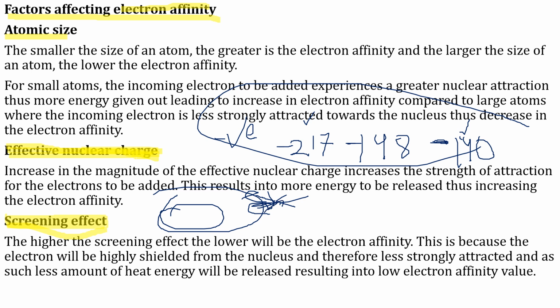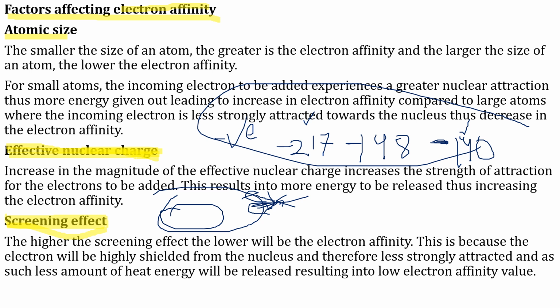And once it's less, the incoming electron is less attracted by the nucleus, and significantly low amounts of energy are going to be released. And since low amounts of energy are going to be released, we expect the electron affinity to be significantly low. That's why we shall be having low values of electron affinity.